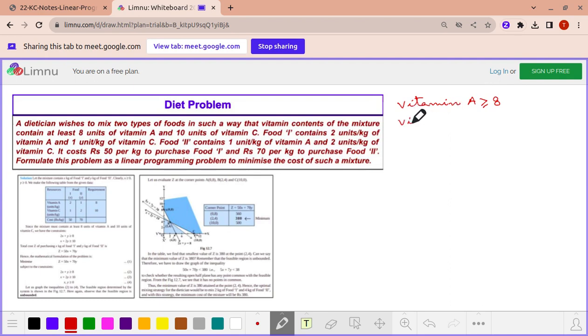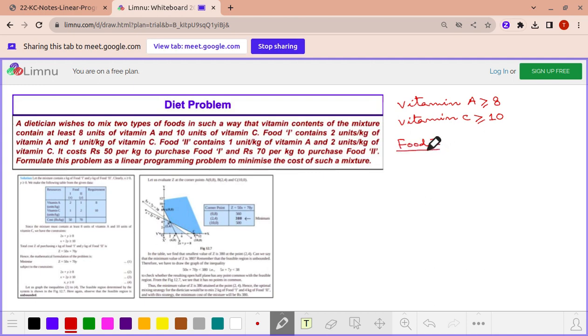So vitamin C should be greater than or equal to 10. Now food I contains 2 units per kg of vitamin A and 1 unit per kg of vitamin C. Let me write it down. So food I, what is it having?